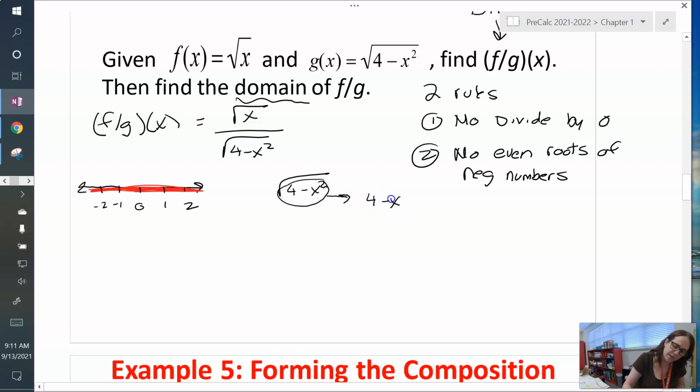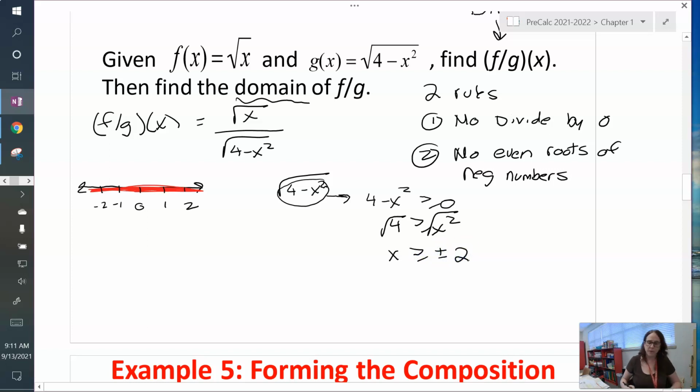And 4 minus x squared has to be greater than or equal to 0. And then solve the inequality. 4 is greater than or equal to x squared. And then you're putting in the square root, so you take plus or minus. So x has to be greater than or equal to plus or minus 2. So that's going to make, no, I did it backwards. X is less than or equal to plus or minus 2, when I flipped my inequality around, changed the symbol.